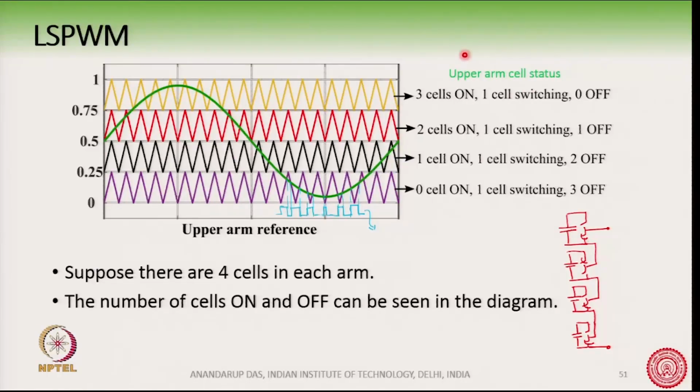So, if we see here this upper arm cell status, if there are 4 cells, we see that as the reference waveform changes its instantaneous value, the number of cells which are turned on and the number of cells which are turned off is continuously varying, and one cell is always taking the responsibility of doing the switching action to produce the variable part of the waveform here. Okay. So, this is what PWM is.